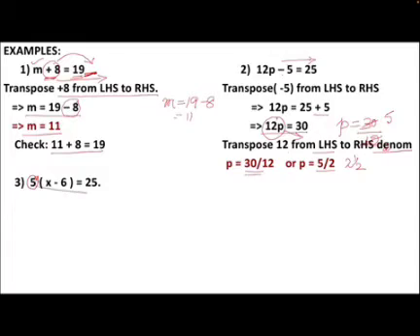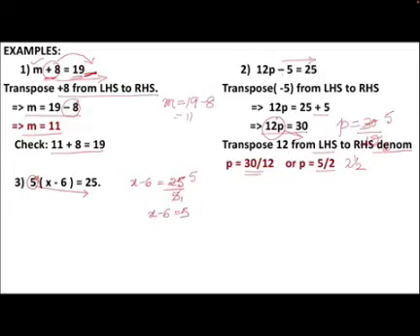Let us push it to RHS but in the denominator. Then we'll have only x minus 6. So x minus 6 equals 25 by 5. Is it not? So then we cancel 5 ones, 5 5s. Then x minus 6 equals 5.